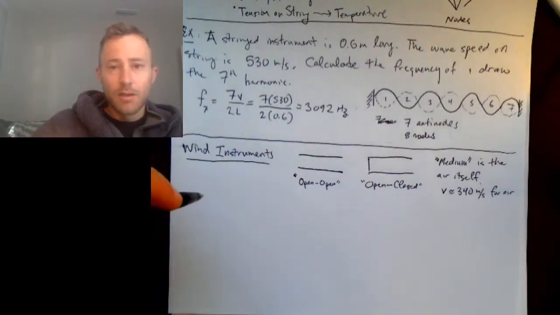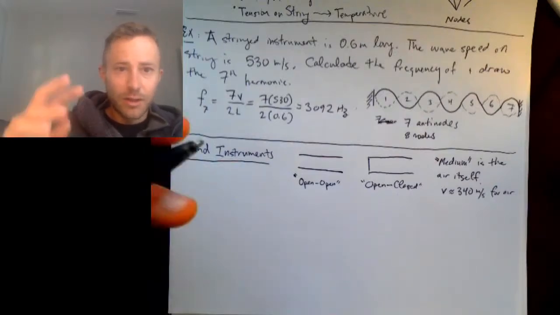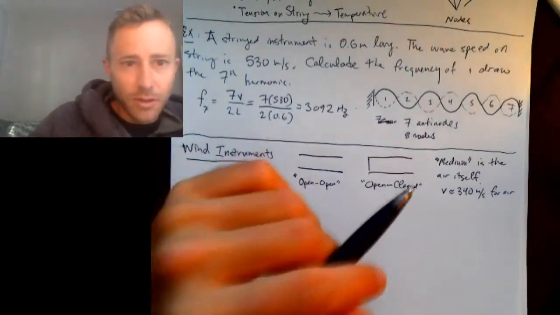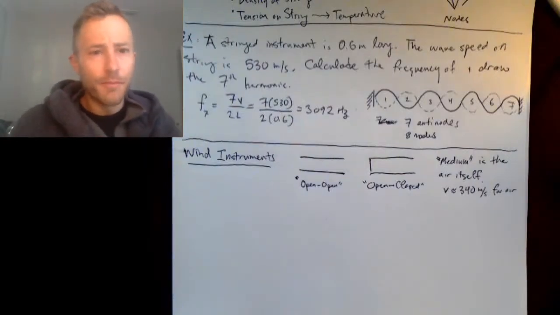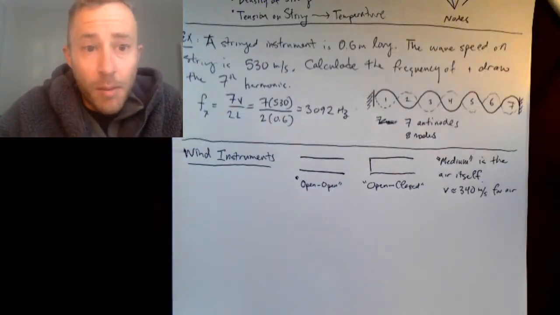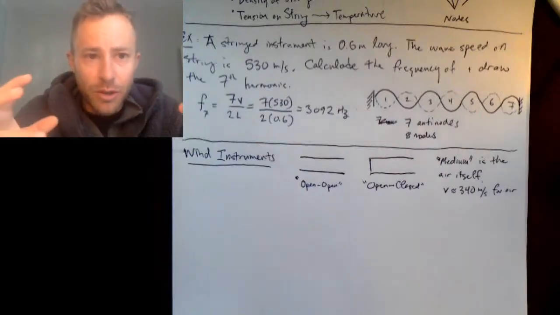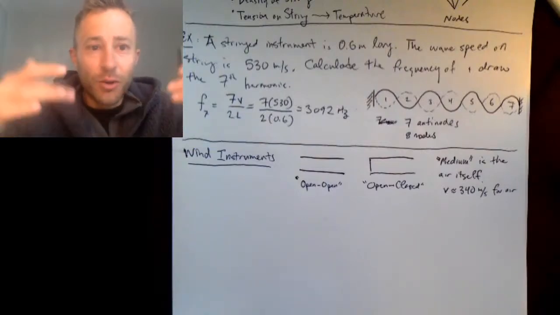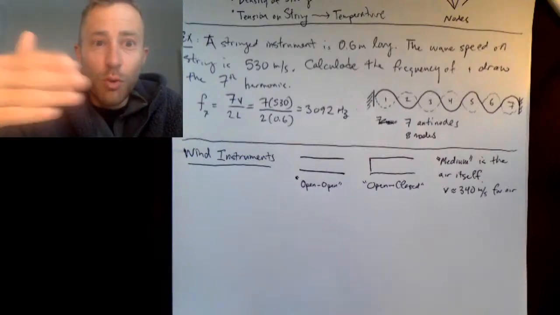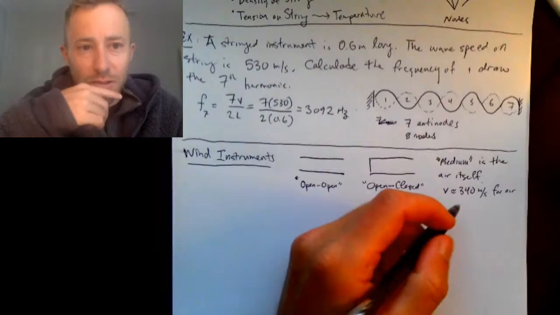Again, temperature affects the speed of sound, so if you have a wind instrument that's tuned and you take it to a room with a different temperature, it can go out of tune. Also, wind instruments need to warm up. If you have a really cold instrument, it is going to cool the air inside it, which changes the speed of sound inside the instrument.